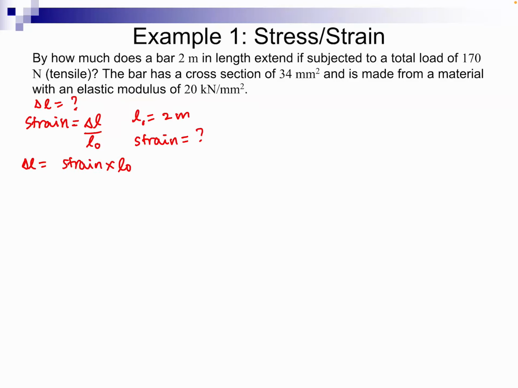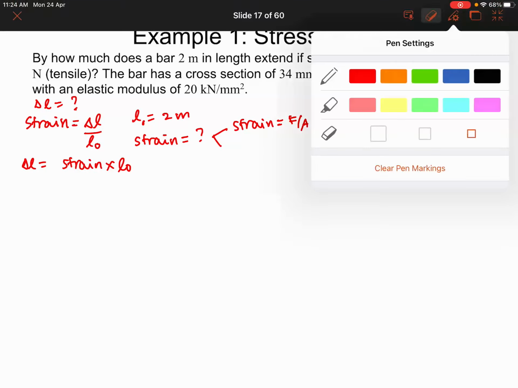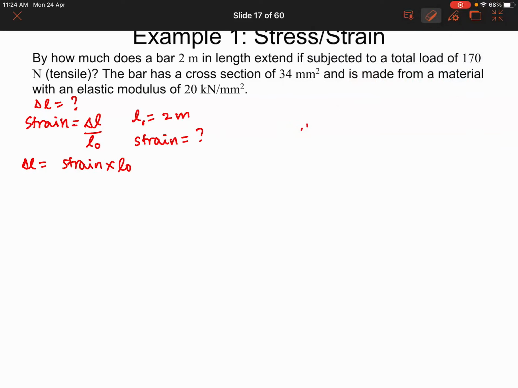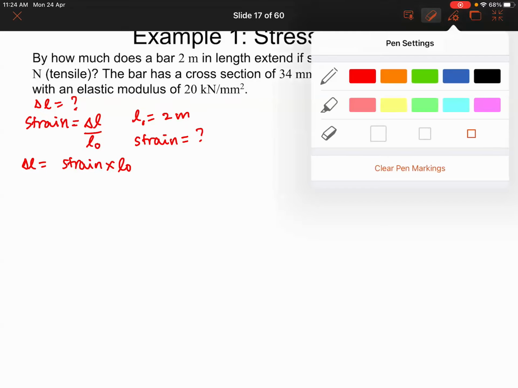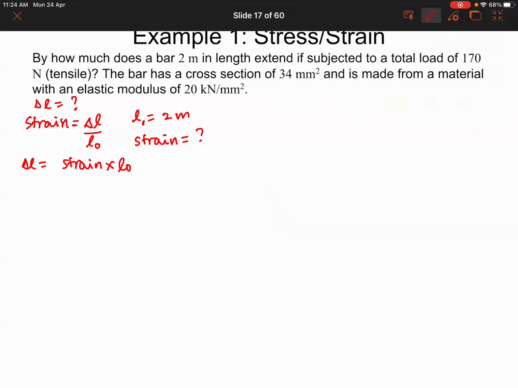Strain is defined as force over area. But then we know the... no, sorry. Okay, so the only other equation where strain comes in is the relationship between elastic modulus, stress, and strain, right?